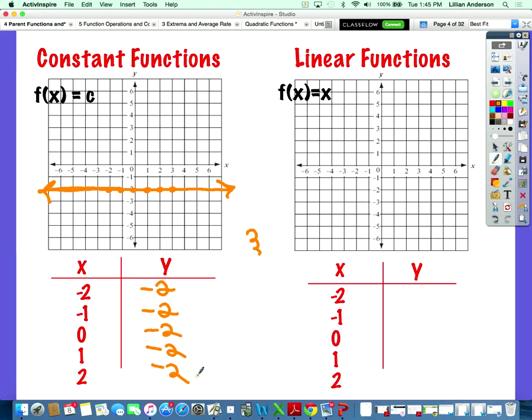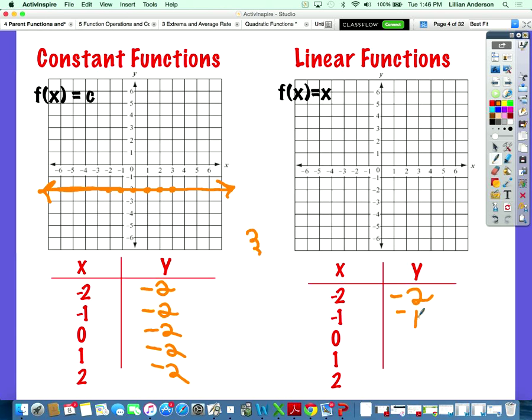Linear functions. F of x equals x, so y equals x. You've actually graphed this many times, maybe in Algebra 1, but y equals x is your old school classic line that has a positive slope. When x is -2, y is going to be what? -2. When x is -1, y is going to be -1.